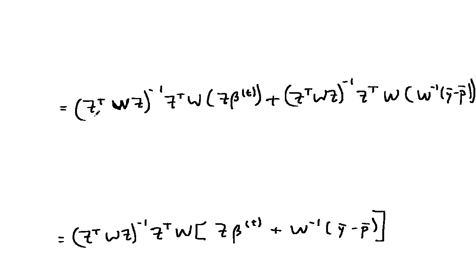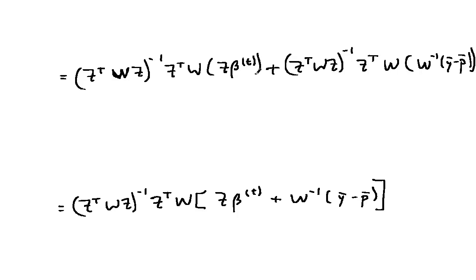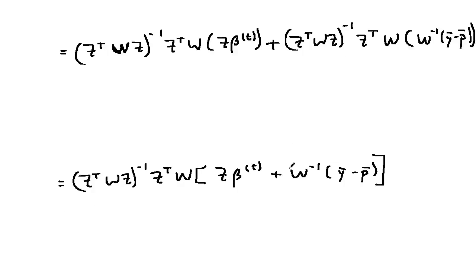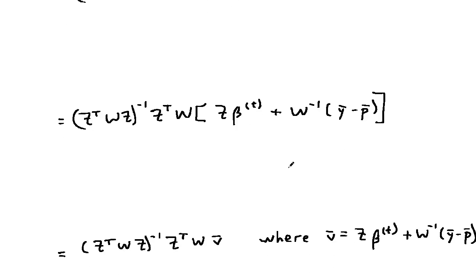Since we have Z transpose WZ inverse times Z transpose W here and here, pull that out to get this. So that times Z beta t plus W inverse times y minus p. Okay, and we can rewrite this part as all that stuff times V, where V is the stuff inside these brackets.